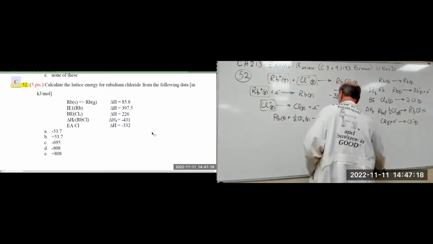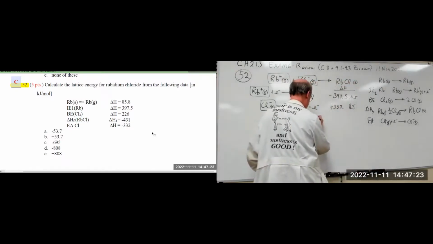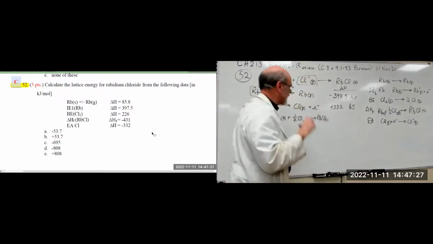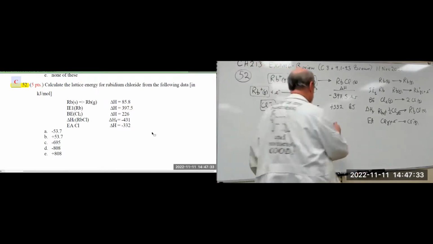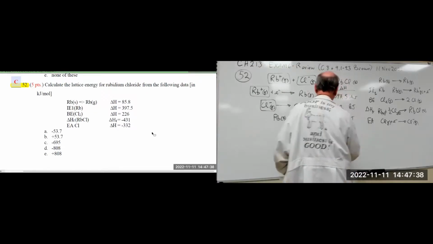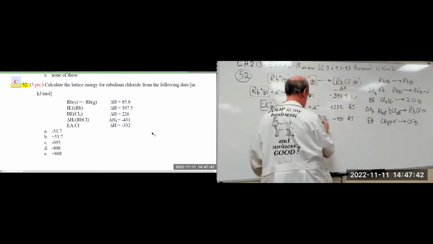Okay, I went too far on that. Let me back it up some. The energy for that one is as given, the heat of formation, minus 431. Okay, so now we got this one done.